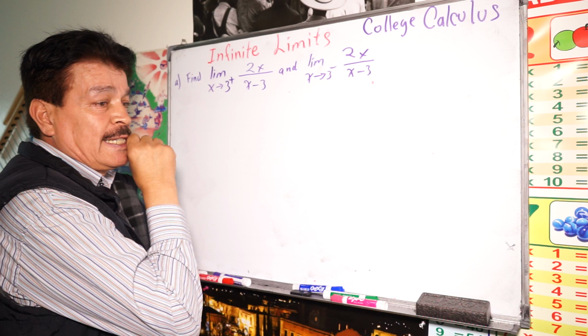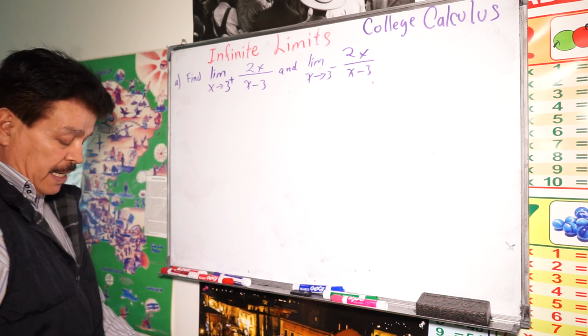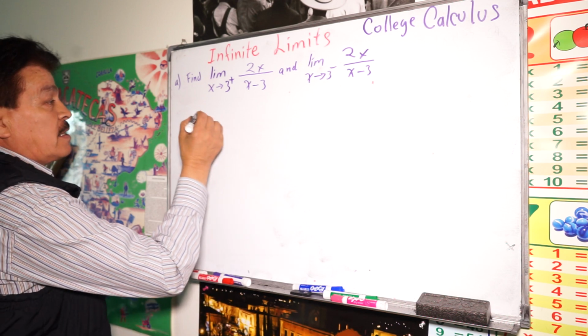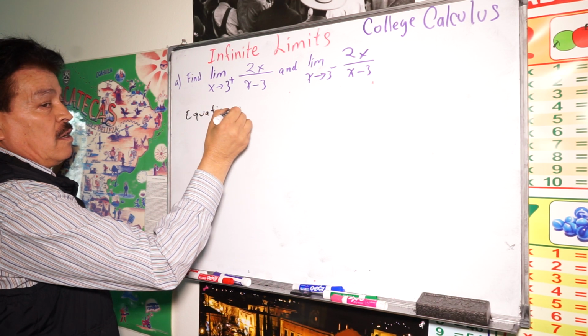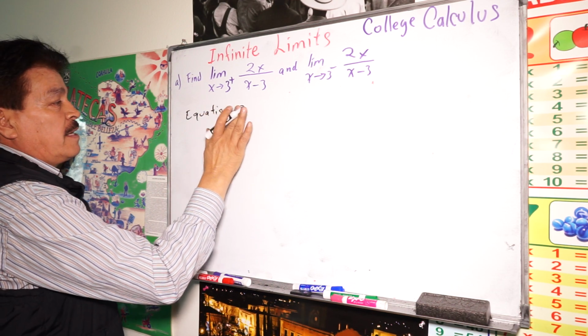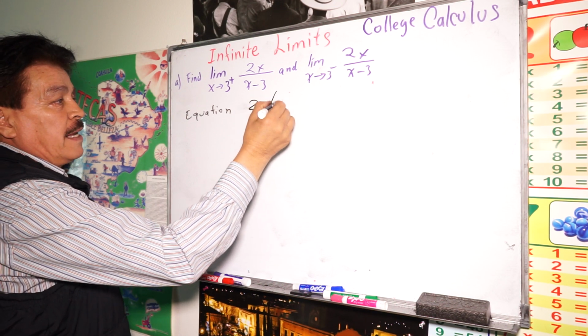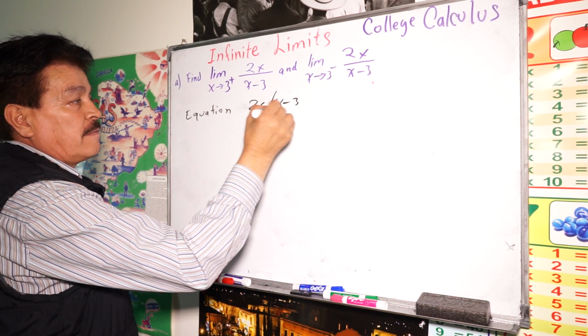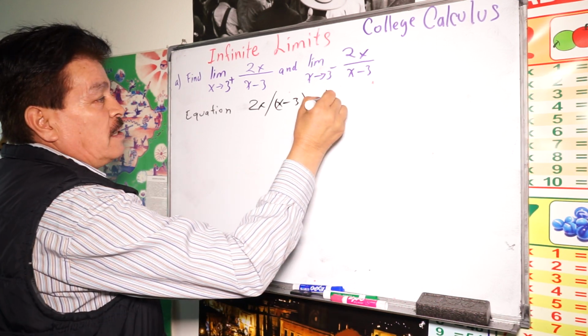It's close to 6. So the equation 2x divided by x minus 3 is a large positive number.